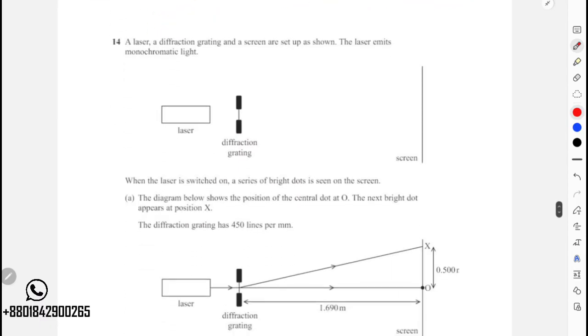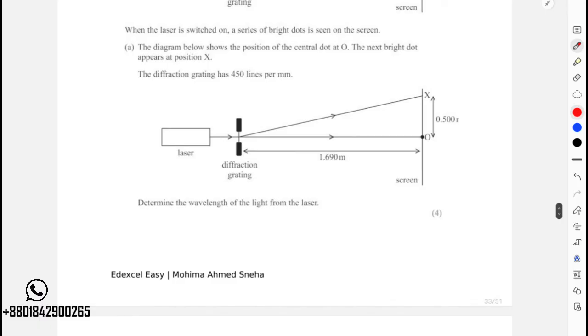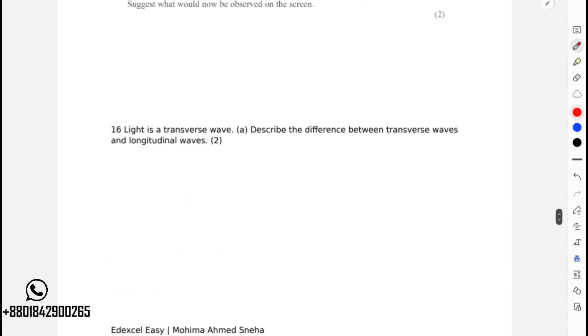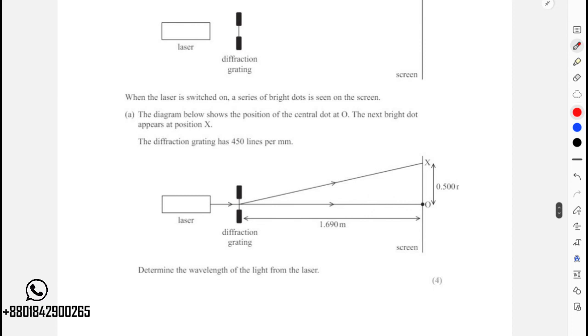Okay. Now after this is a diffraction grating part. They have dx, this distance, determine the wavelength of the light from the laser. This is actually the last question from this part. We need to measure the wavelength of the light from this laser.